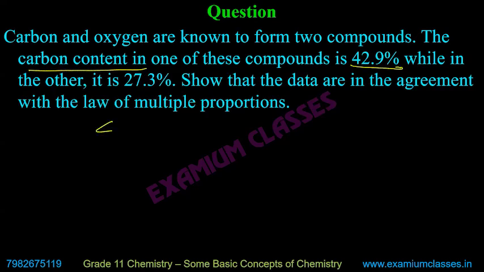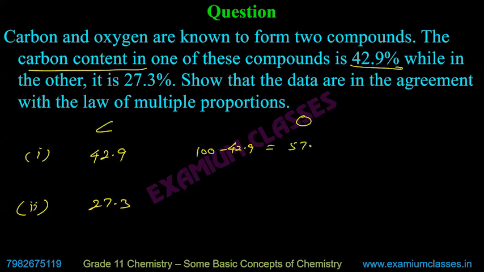So carbon, oxygen. In the first case, carbon is 42.9%. In the second case, it is 27.3%. It means oxygen here is 100 minus 42.9, that is 57.1.